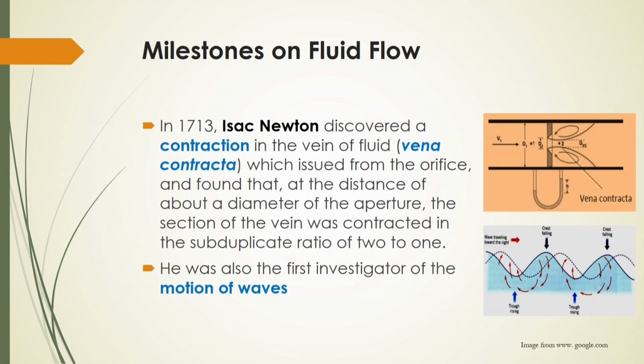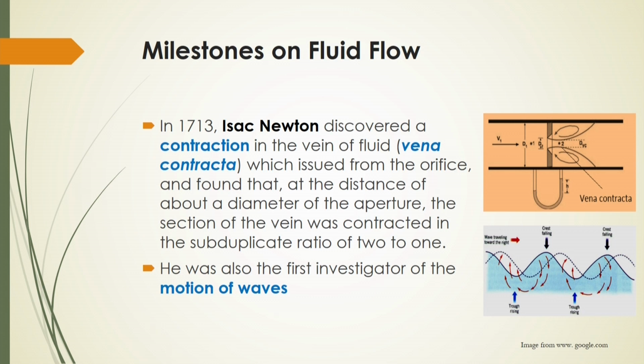After that, in 1713, Isaac Newton discovered a contraction in the vein of a fluid, called the Vena Contracta. Whenever fluid flows through it or is issued from it, he found that at a distance of about a diameter of the aperture, the section of the vein was contracted in the subduplicate ratio of 2 to 1.